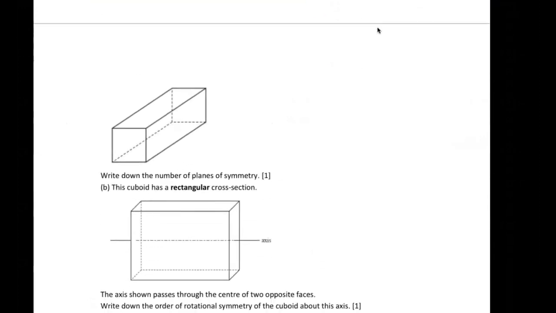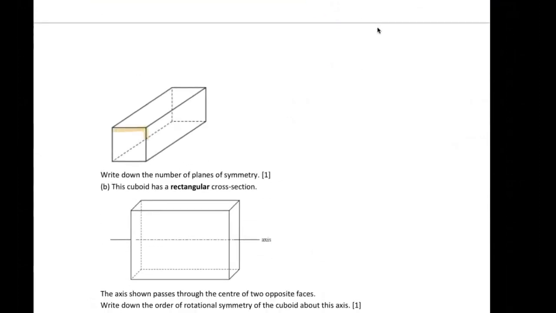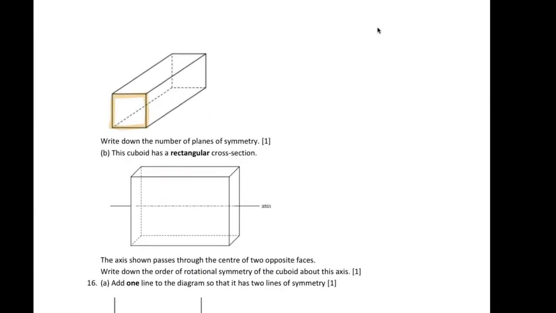The cuboid has a square cross section. So this is your square. Write down the number of planes of symmetry. One is going to be this plane.